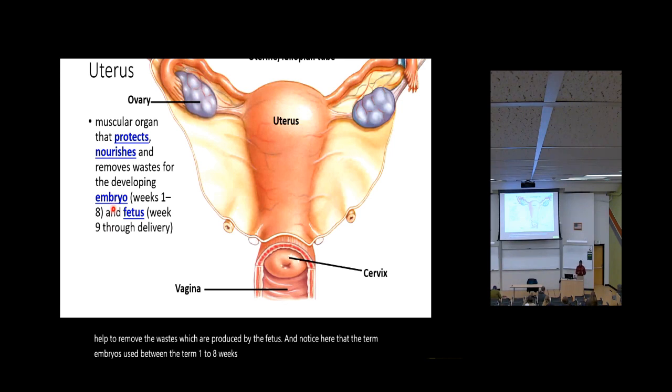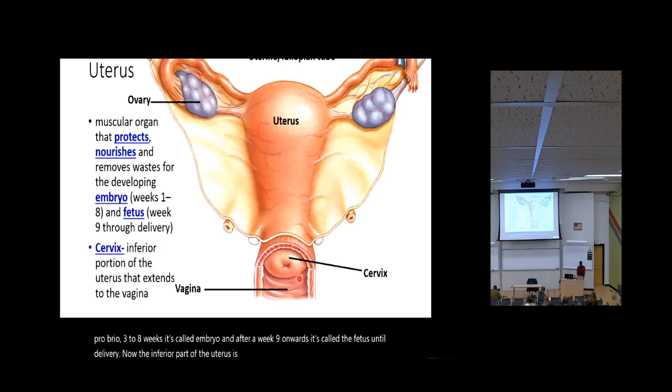Specifically between 1 to 2 weeks, it's called pre-embryo. 3 to 8 weeks, it's called embryo, and after week 9 onwards, it's called the fetus until delivery. Now the inferior part of the uterus is called the cervix, and this is what will separate the vagina from the uterus.